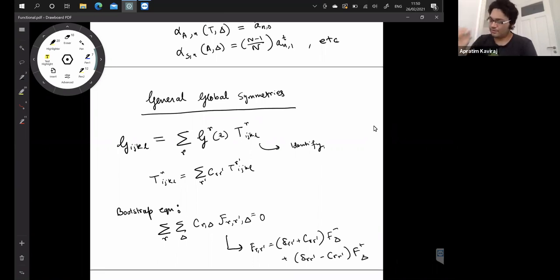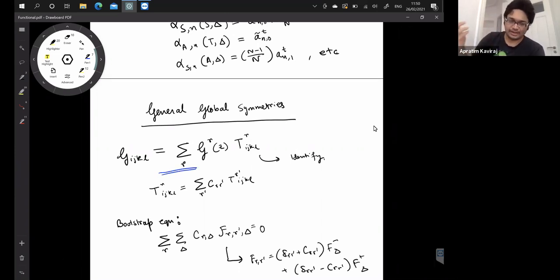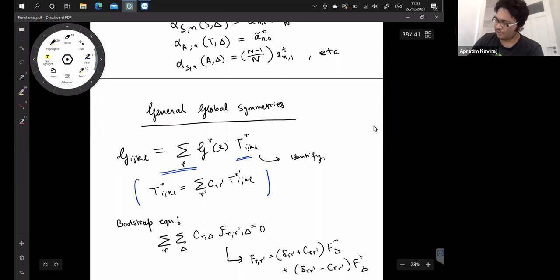For general global symmetry, you basically expand the full correlator into blocks with the tensor structures for the group you have. You identify the tensor structures, and then you find a certain crossing relation.